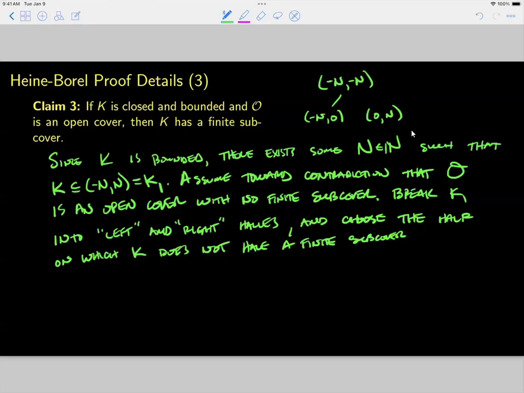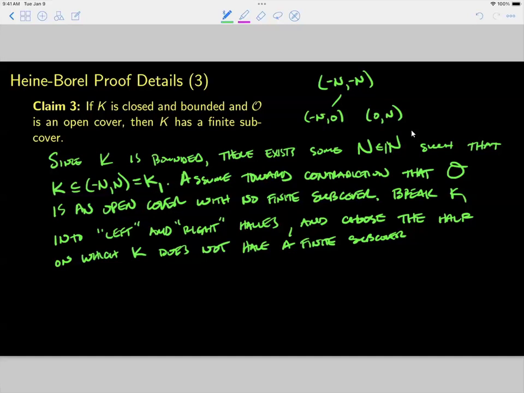It may be that neither of them has one, in which case you could take either one. But if both halves had a finite subcover, then the whole thing would have a finite subcover, because if you union those two finite subcovers together, you would get a finite subcover for all of K. Since we're assuming that it doesn't have a finite subcover, one of the halves has got to have no finite subcover. So take that half.